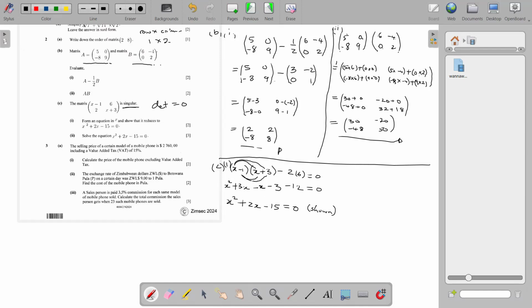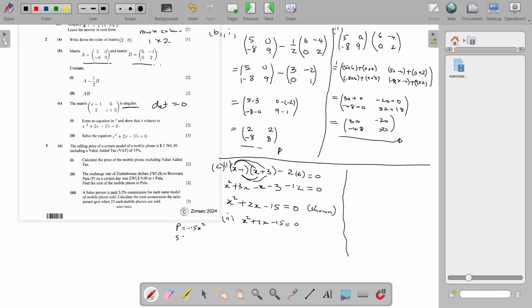Then what do they want for part 2? Part 2, they are now saying solve the equation. So to solve the equation, we have x squared plus 2x minus 15 is equal to 0. Then we have to factorize this expression. Our product is negative 15x squared.